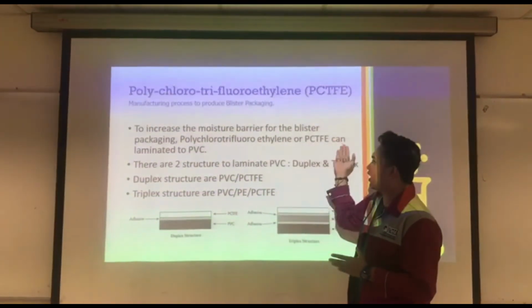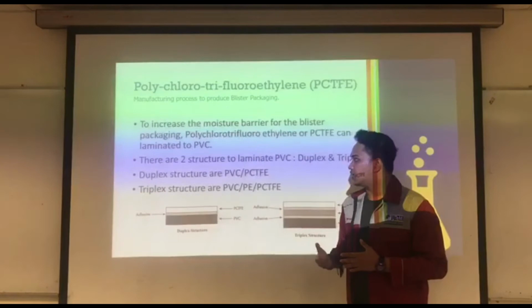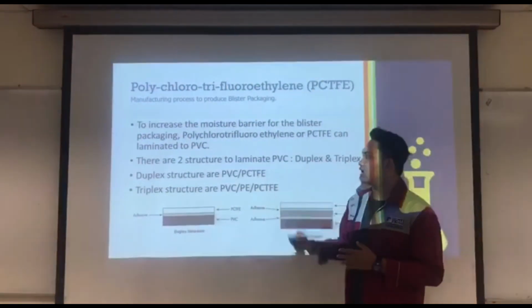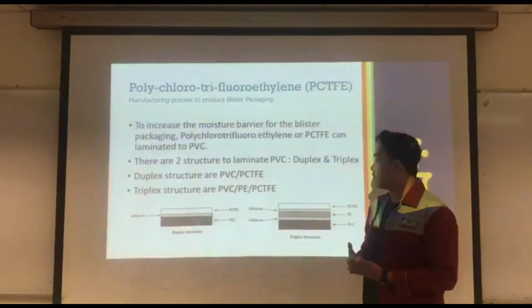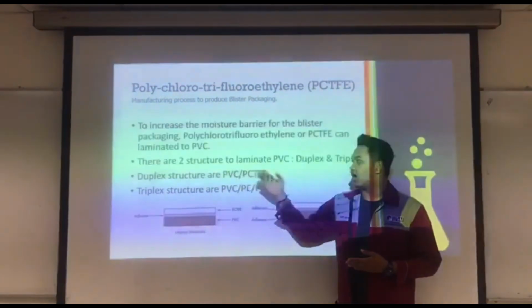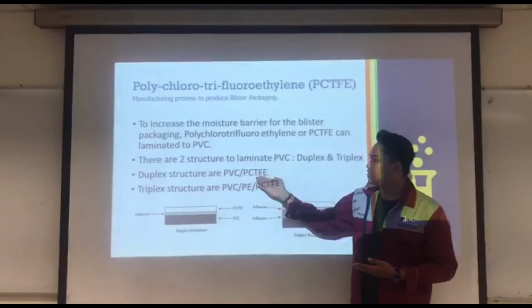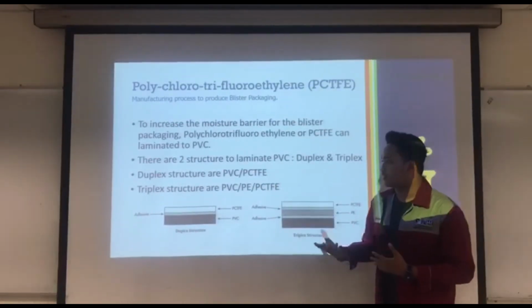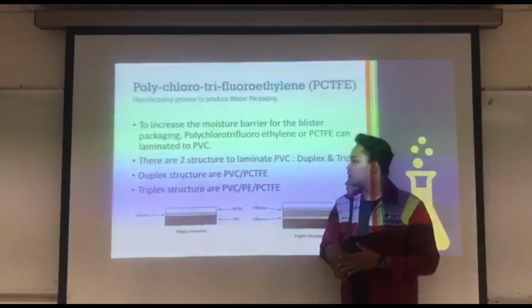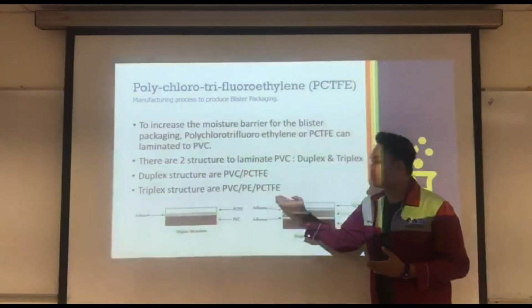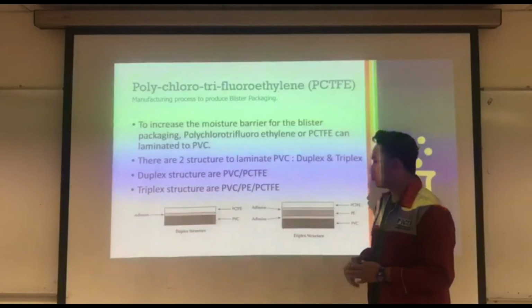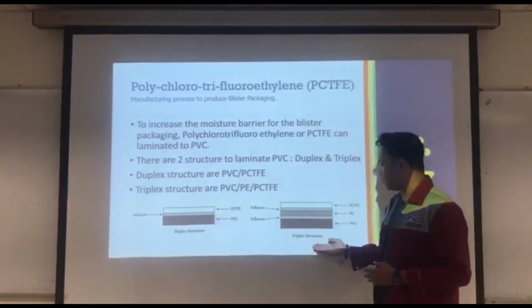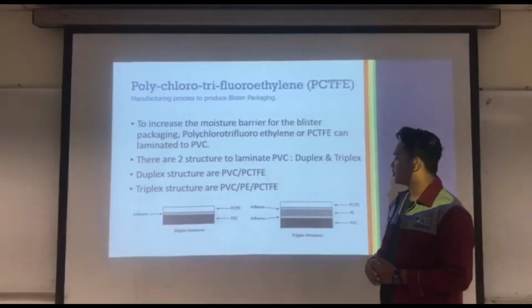PCTFE can be laminated to PVC, and second, there are two structures to laminate PVC: duplex and triplex. Duplex structure is PVC and PCTFE, and triplex structure is PVC, PE and PCTFE. So this is an example for duplex structure and triplex structure.